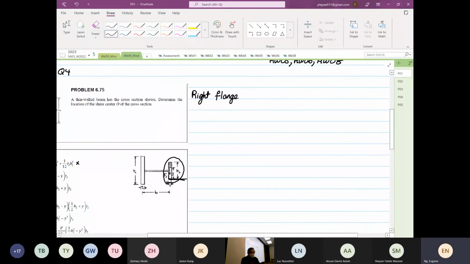Okay. So we don't need to use the left flange because we need to find a point to calculate the shear center.